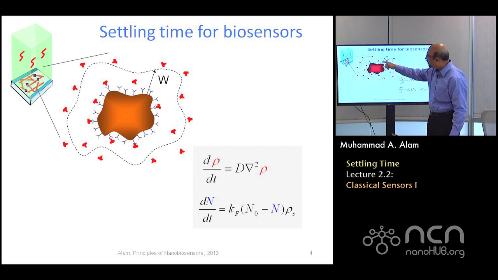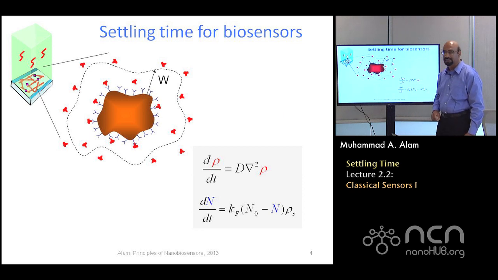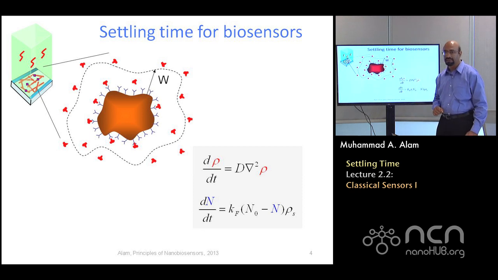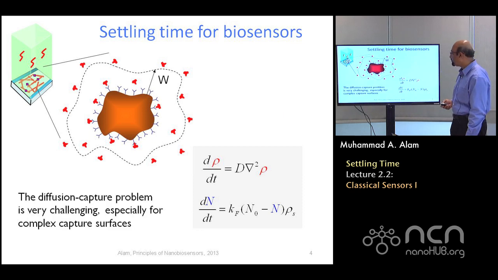And once the molecule actually reaches the sensor surface, there is a probability that, depending on how many receptor sites are empty, a fraction of them will be captured by the sensor. And we want to know how long it will take before a certain number of molecules are captured by the sensor surface, so the sensor is ready to respond with a given signal to noise ratio.